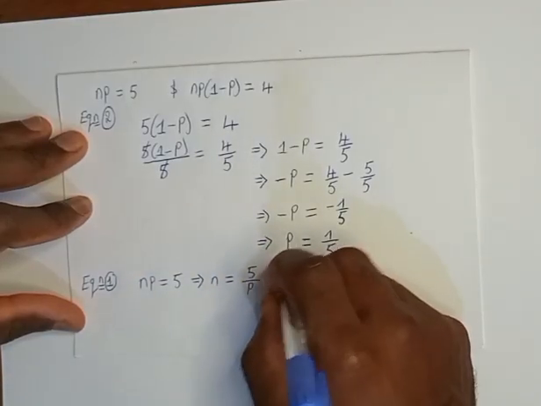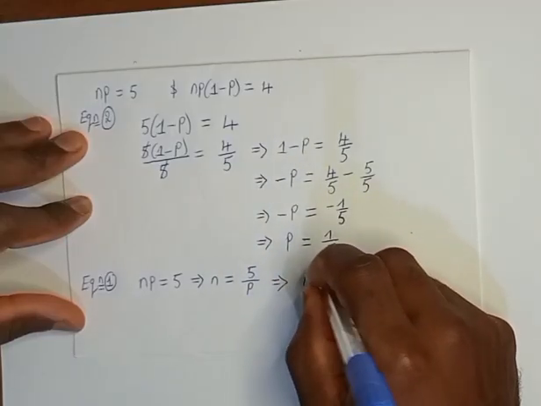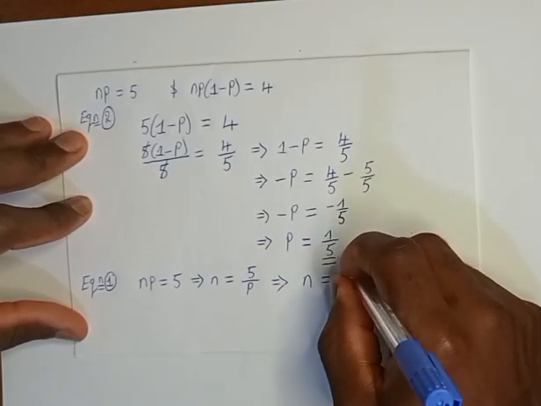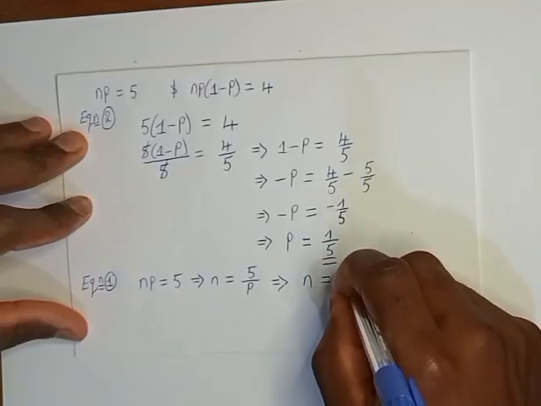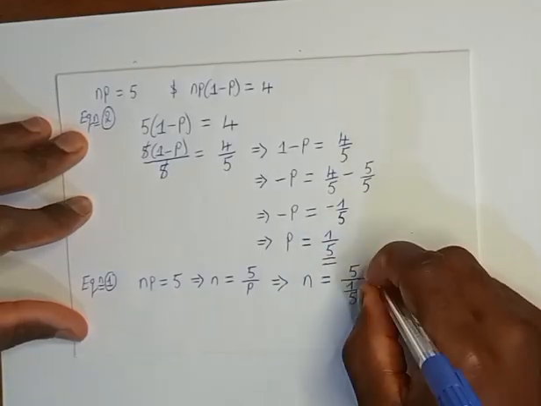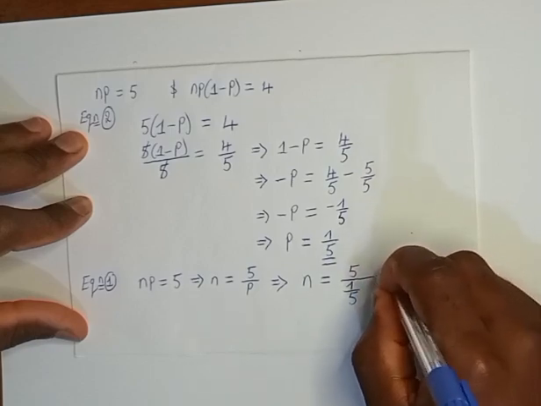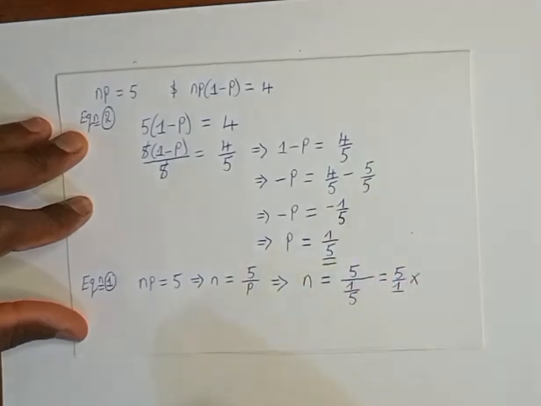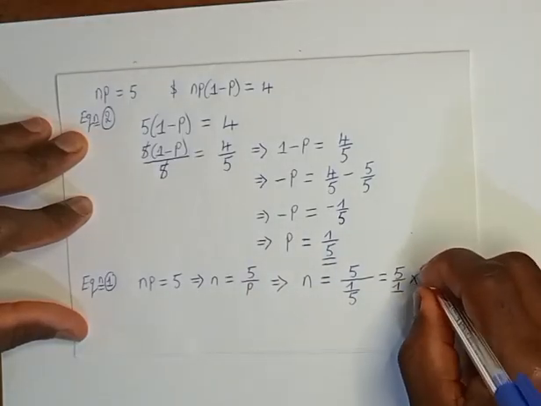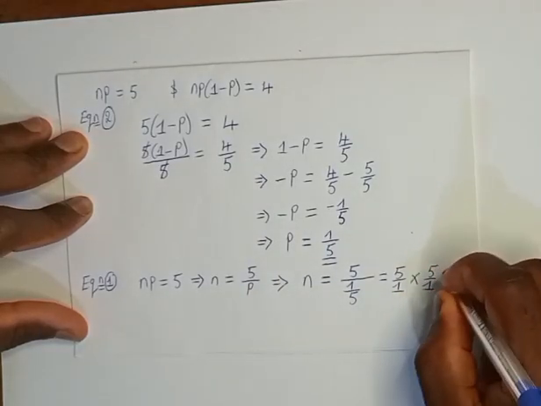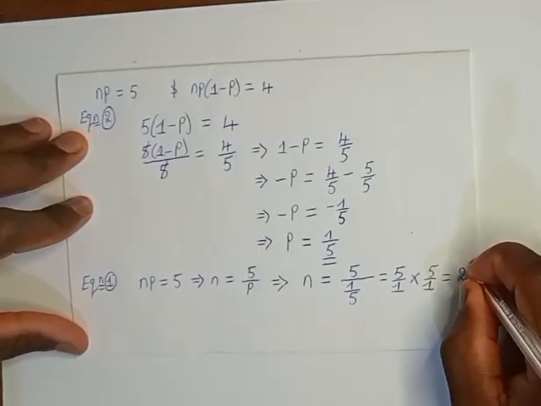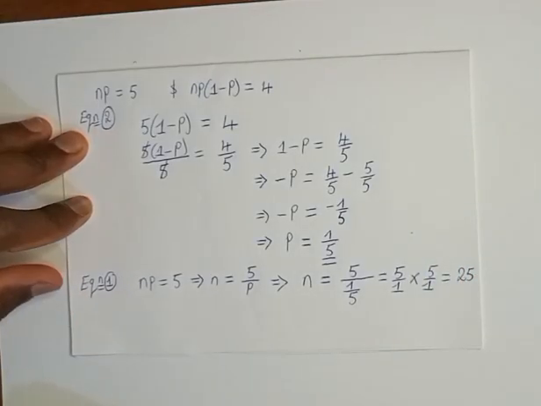This implies that n is equal to 5 divided by 1 fifth, which is 5 over 1 times, we take the reciprocal, 5 over 1. And this will give us 25 over 1, which is 25.